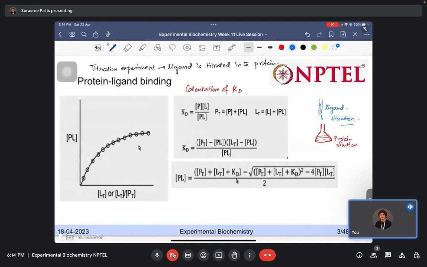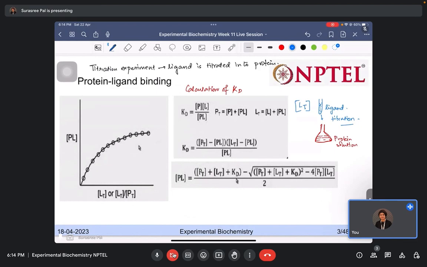Now this is the typical experimental setup. The reverse can also be done, when the ligand is in the solution and the protein is titrated. So it depends on which factor we want to observe in the experiment. So here, if we have a protein solution and we are titrating the ligand drop by drop into it, then what do we get? In the beginning, we know the total ligand concentration, written as LT.